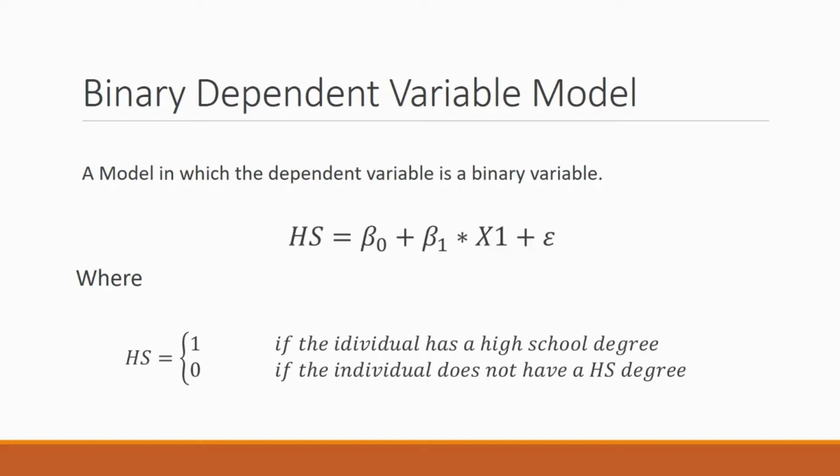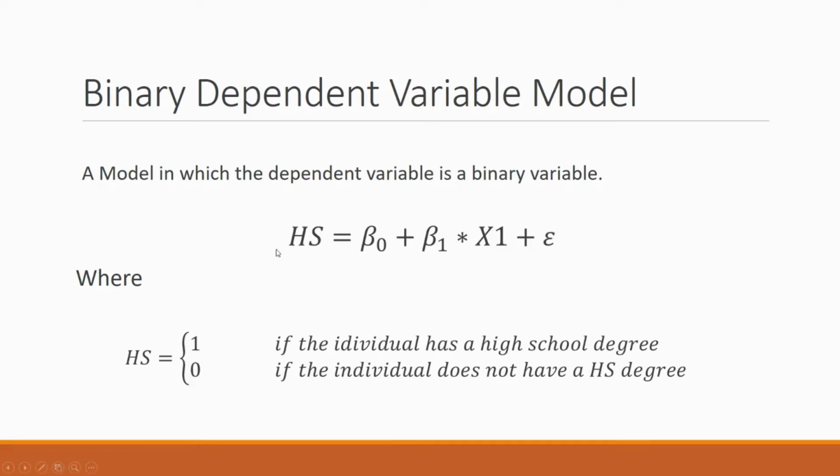I'm sure you can think of other examples. In fact, binary dependent variable models are sometimes even more common than models with continuous dependent variables. They're very common: whether or not someone graduates from high school, graduates from college, enrolls in college, applies for a microfinance loan, and so on. I'm trying to think of some more examples. I could probably sit here and think of examples all day.